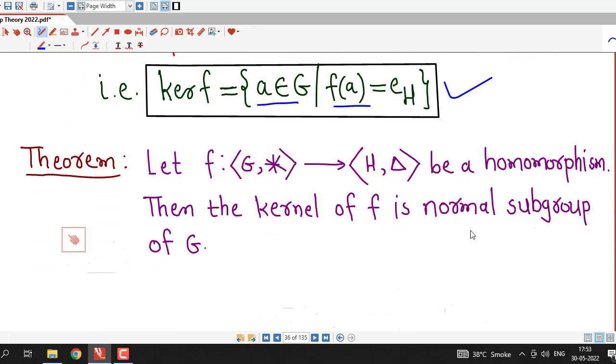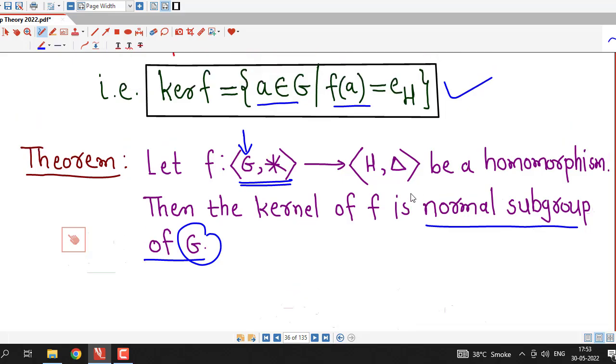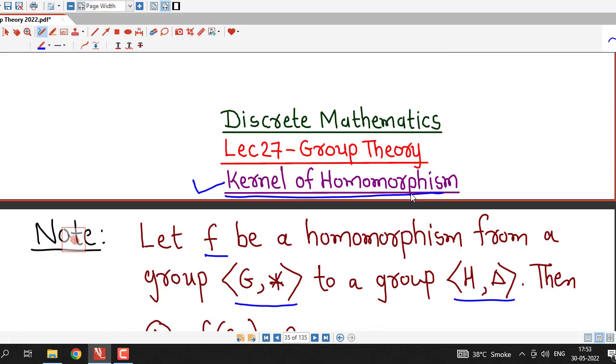Now we prove that kernel of any group homomorphism is a normal subgroup of its domain. Here domain is the group G under binary operation star. Therefore we will prove that kernel of this homomorphism F is a normal subgroup of group G. So to prove that some set is a normal subgroup, first we have to prove that that set is a subgroup. So we recall the test for subgroup.